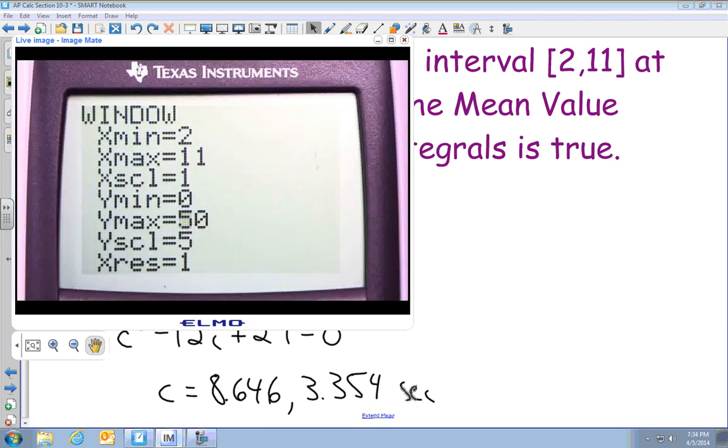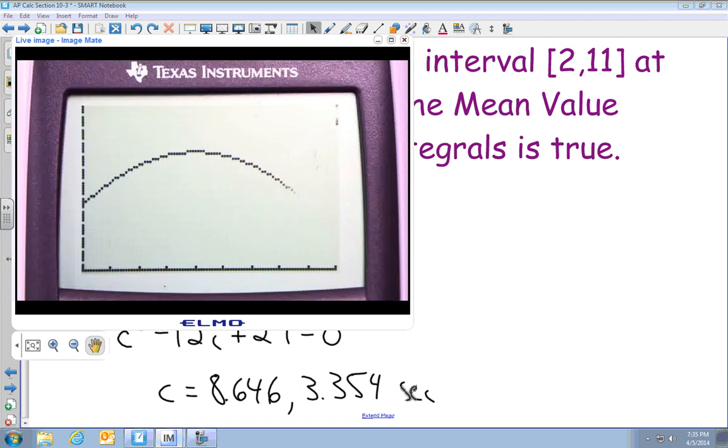And for y, I know the solution I'm looking for is at 29, so I'm just going to go from 0 to 50. I guess we'll leave that and graph it. And you can see there are the two solutions. If you graph and find those intersections, that's exactly what we found here.